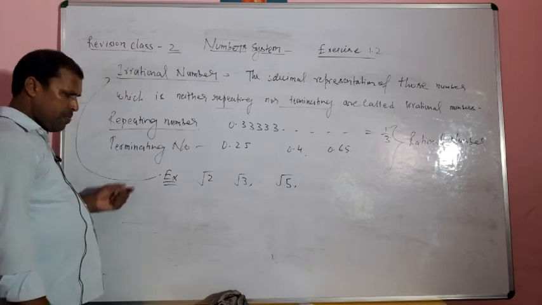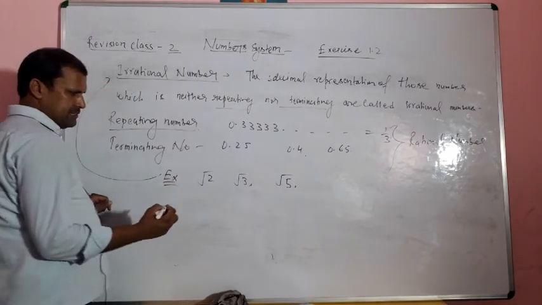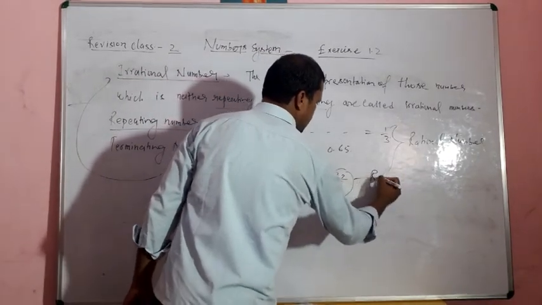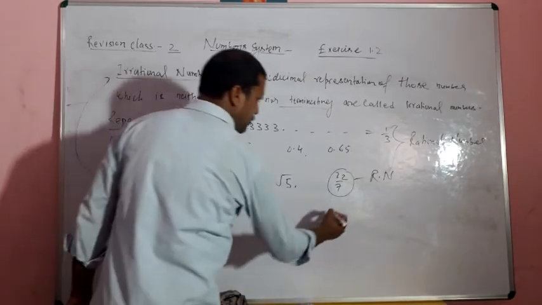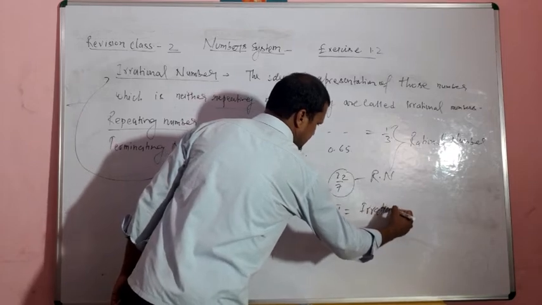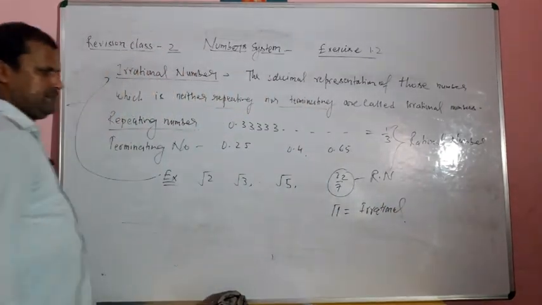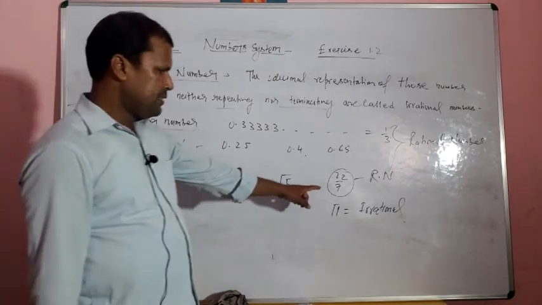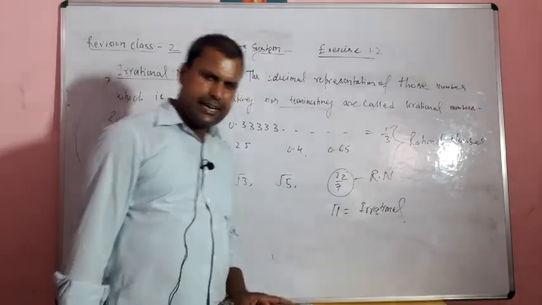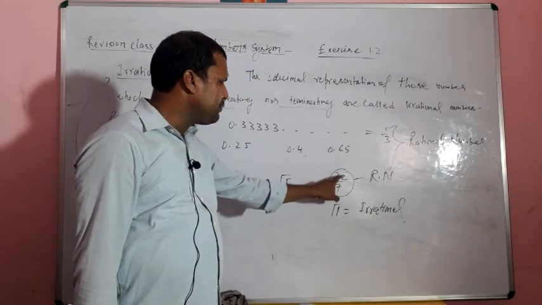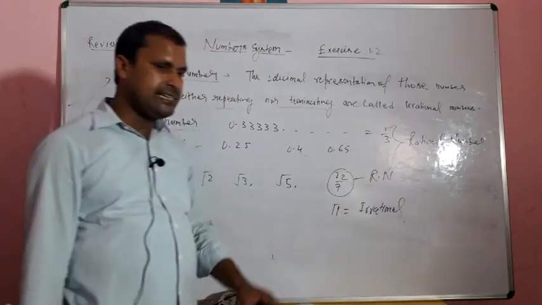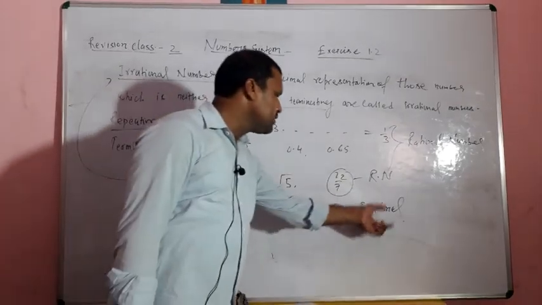Now one very important thing: 22/7 is a rational number. But what about pi? Pi is an irrational number. So keep in your mind, pi is irrational and 22/7 is rational because it is of the form p by q. But the value of pi in decimal form is neither repeating nor terminating, so it is irrational.